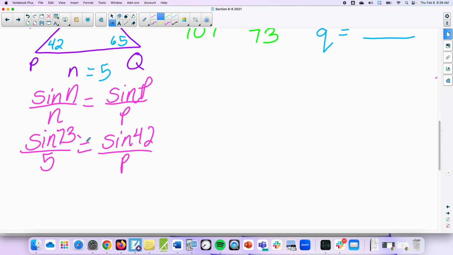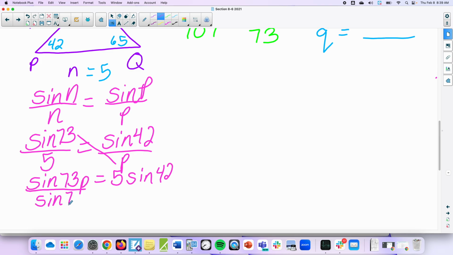Then I would multiply and I get sine 73p equals 5 sine 42. Divide by sine of 73. Okay, and P would equal, so what I would do there is just type in 5 sine 42, enter, divide by sine 73.